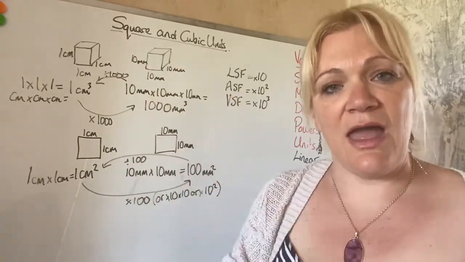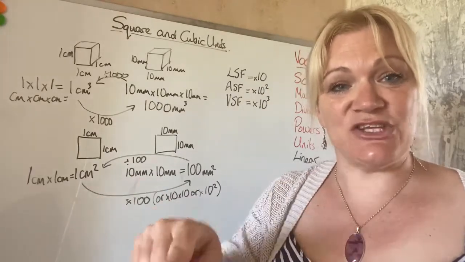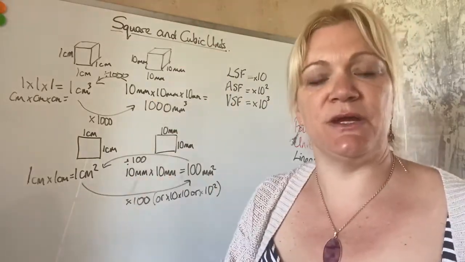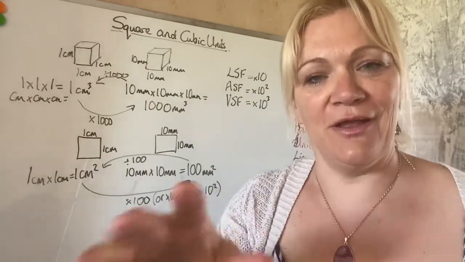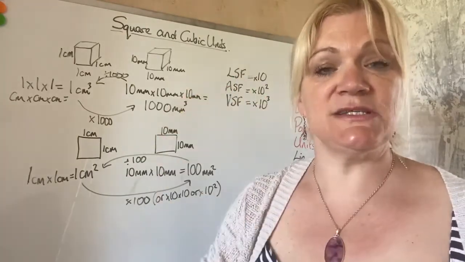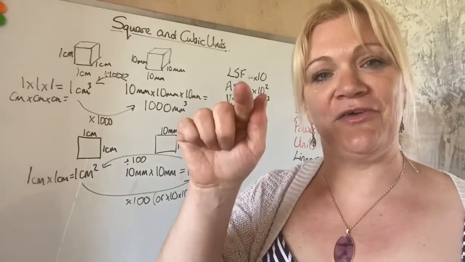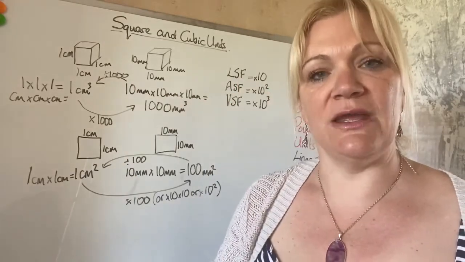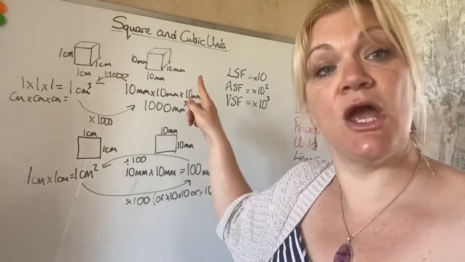And then your area scale factor would be times 2 times 2, because each of the dimensions is multiplied by 2. And then if you had a cubic shape, an actual real 3D shape, because it's got 3 dimensions, that's what 3D means, you'd have to multiply your scale factor in all 3 dimensions. So you'd have your scale factor from your lines cubed.